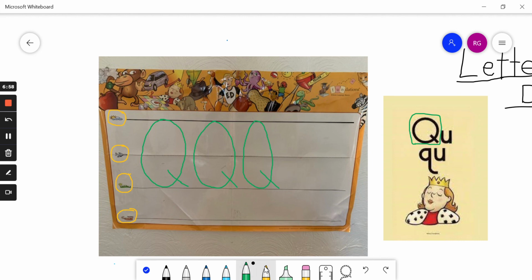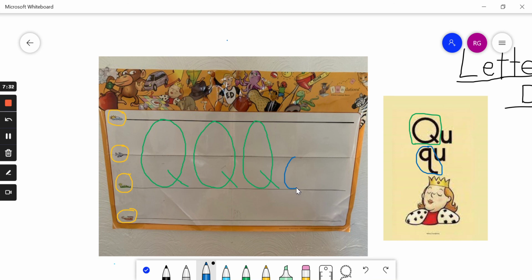Let's try our lowercase q now. Our lowercase q is a plain line letter. That means that it is going to start on the plain line. So first off, we are going to point to the plain line, then trace back and go down to the grass line, round.